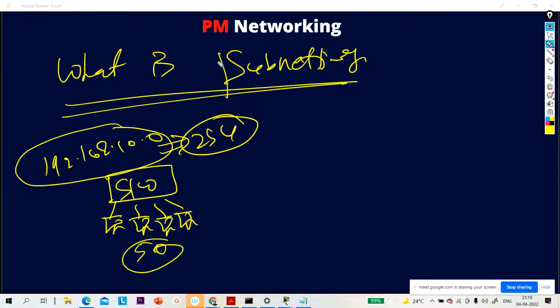So with the help of subnetting, you can divide this large network into 2 parts, 4 parts, 8 parts, into multiple small parts. That's it.